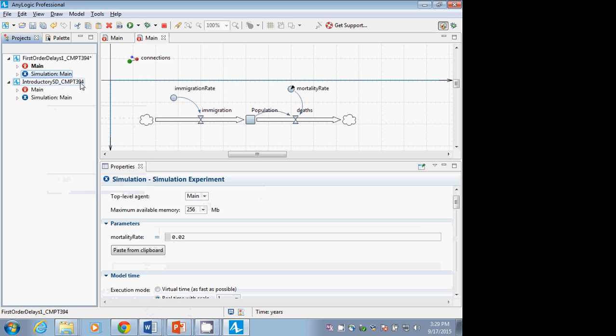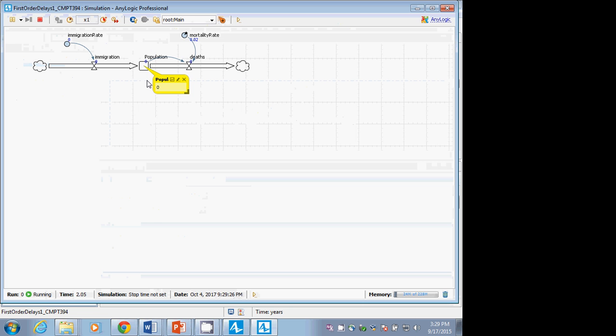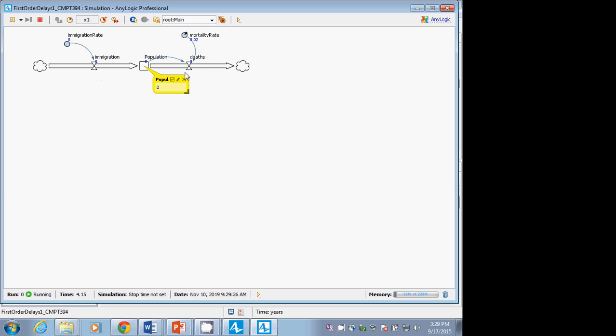So let's go run this thing. Okay. And what we will see here, you notice time is ticking, and what's going on with this population? Well, it's not doing anything. Why isn't it doing anything? Because it's not yet time equals 50. Okay, now, boom. It starts rising.